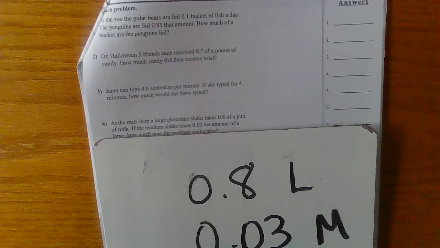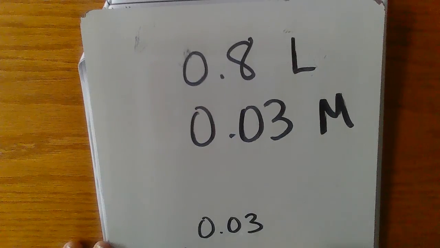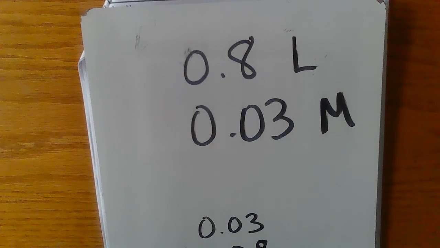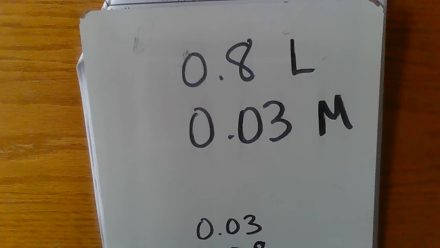It's smaller than large, it's only going to be 3/100 of the 8/10. How much does the medium shake take? So I'm taking part of the whole. I'm going to multiply because "of" means multiply. I do want my number that's the longest at top, otherwise I'm just going to have to add a 0 and it's just going to take longer.